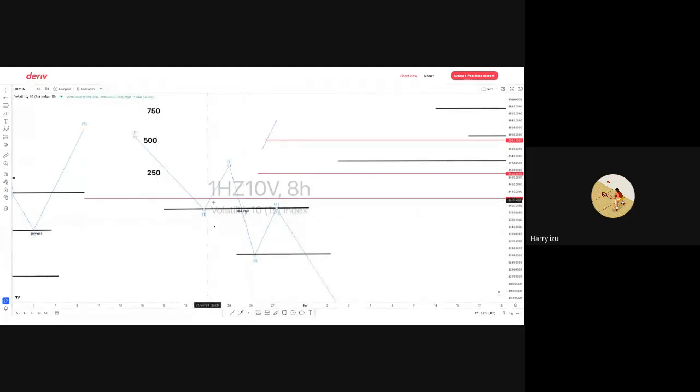Buy limit should be at 3. Yes, your buy limit will be at 3. Mr. Victor, what did you say? I said at 2 actually. The price of the market has already broken this zone now. It can't go back to 2. That's true. It will be at 3. Yes, it will be at 3.